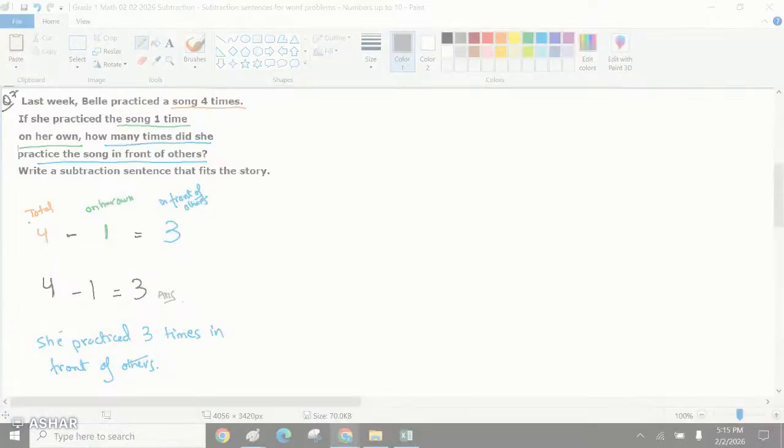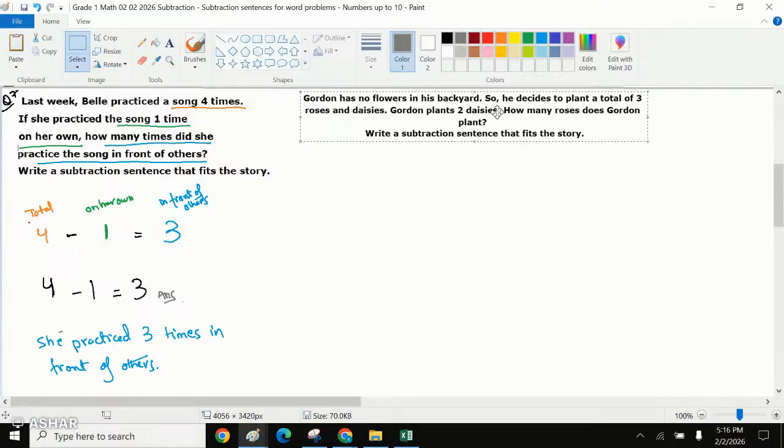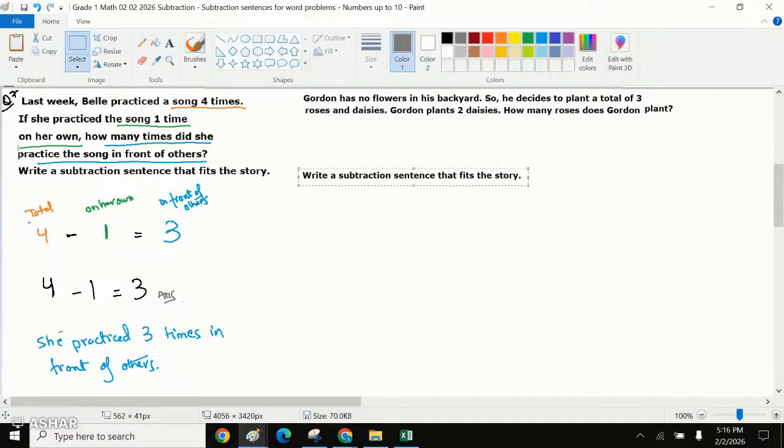Let's create some questions. I'm just picking up a similar question, and I'll change the number of values, okay? So if this is a question given to us, I will change the final numbers. Let me rephrase the question.